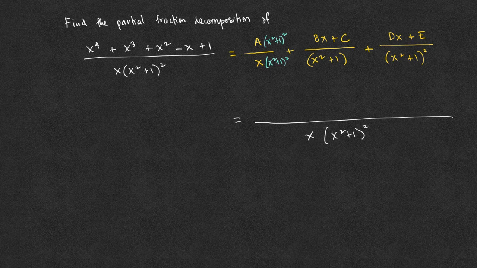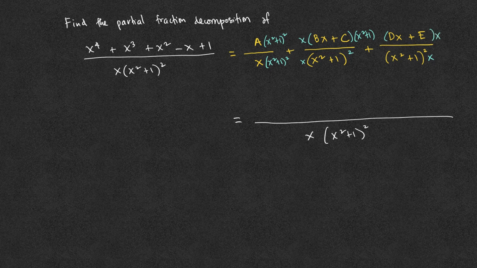For the second simpler fraction, we would need to multiply by x and also x squared plus 1, because we need 2 factors of x squared plus 1. And for the last simpler fraction, we would need to multiply by x only.